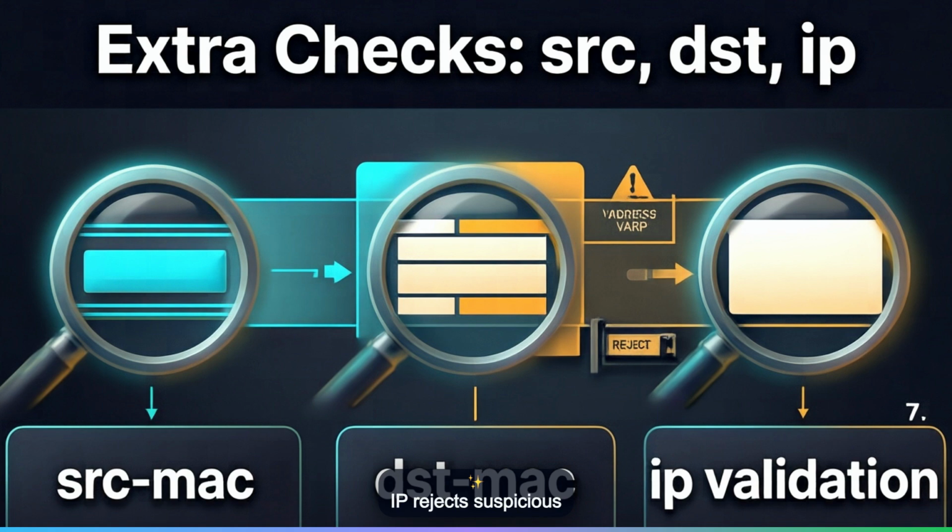IP rejects suspicious ARP IP values. That includes 0.0.0.0. It also includes 255.255.255.255. These checks are optional, but the exam expects you to know what each keyword is testing.